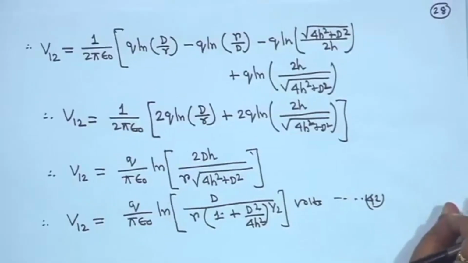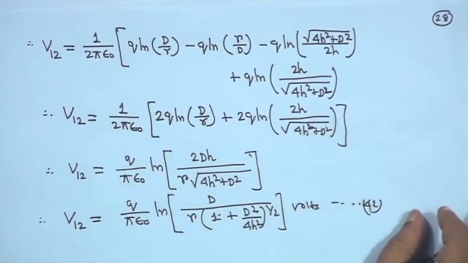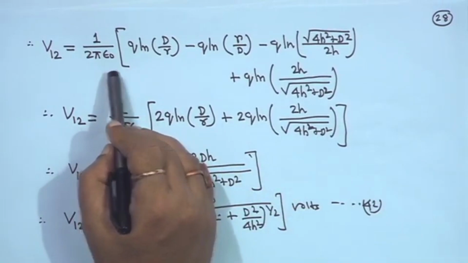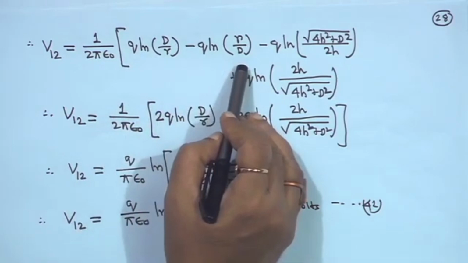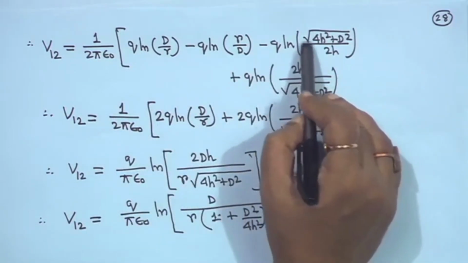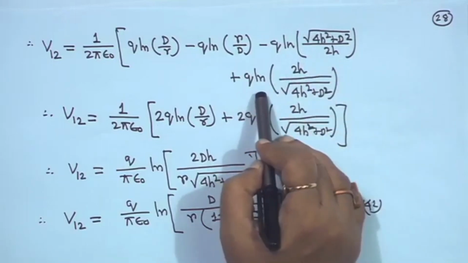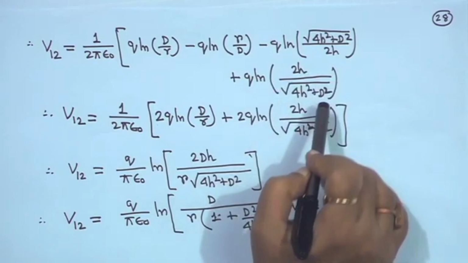Therefore, after substitution V12 is equal to 1 upon 2 pi epsilon 0 times q ln d upon r minus q ln r upon d minus q ln root over 4h square plus d square divided by 2h plus q ln 2h root over 4h square plus d square, right.